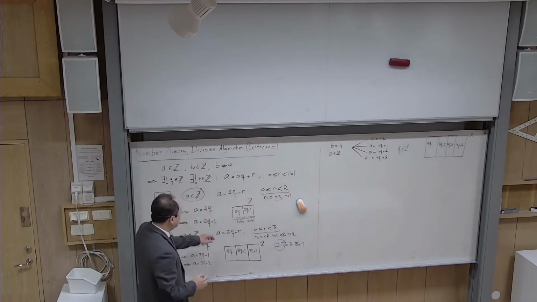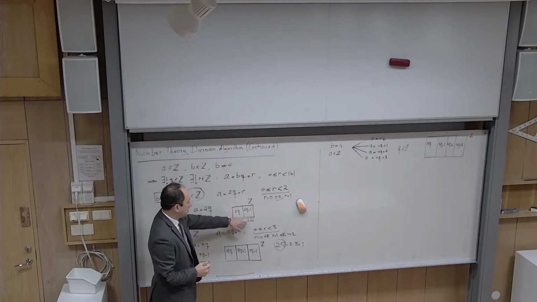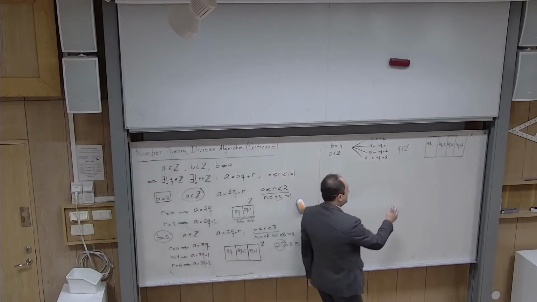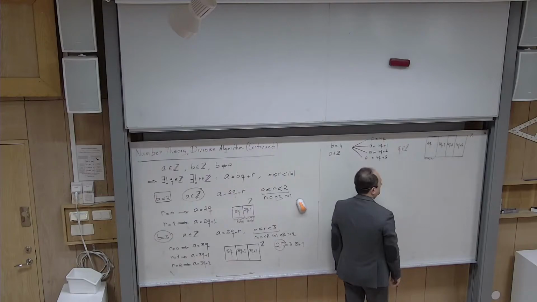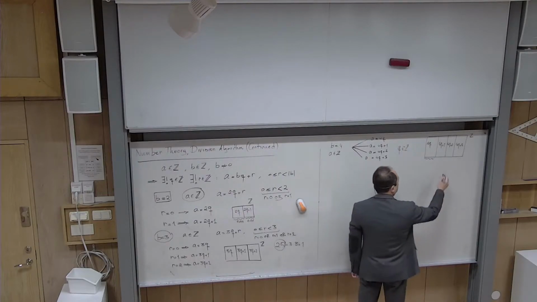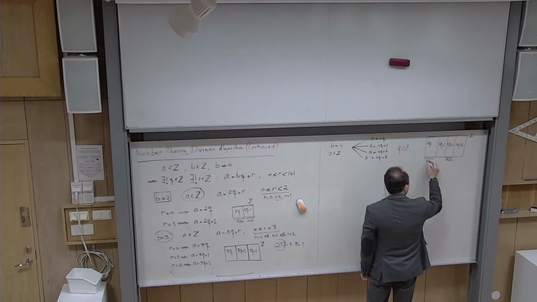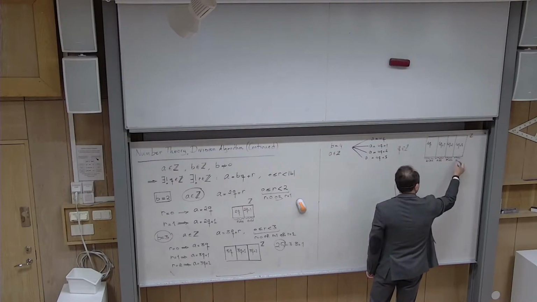So look here, when I chose B to be 2, I partitioned Z into 2 groups. One I called even, and the other one I called odd. Are these numbers even or odd here? These are even. But these are also even. Do you agree? Because that's a multiple of 4 plus 2. And this part is odd, and this part is also odd.